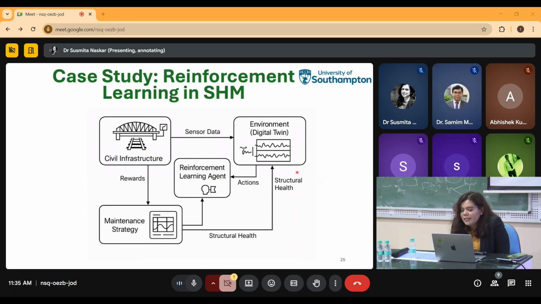This framework integrates sensor data, digital twin, and reinforcement learning to create self-improving predictive maintenance. So the digital twin is a very good example of reinforcement learning and how it works out. If you think from that perspective, you can see how reinforcement learning and digital twin are connected with each other, okay?